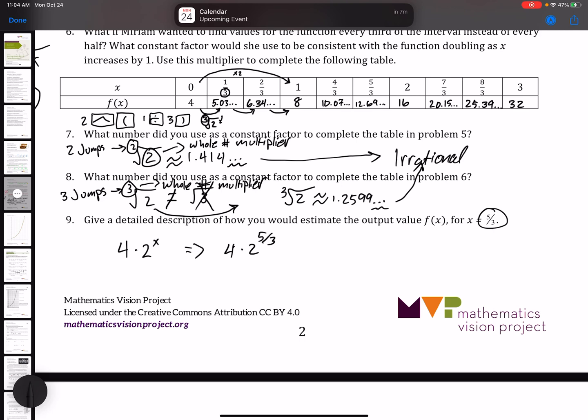We just kind of learned about that today. And there are 5 jumps then. So we could do 4 times the cubed root of 2 times the cubed root of 2 times the cubed root of 2 times the cubed root of 2 times the cubed root of 2. Right? Because now there are 1, 2, 3, 4, 5.